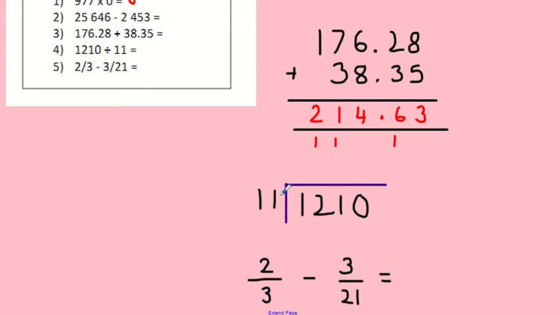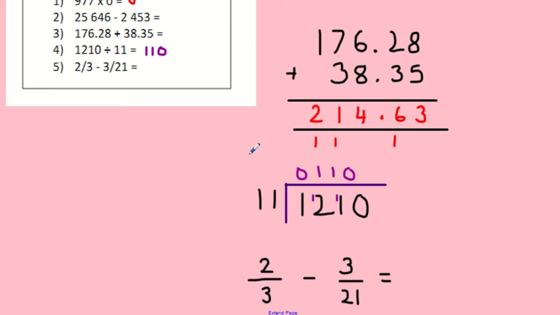Let's make a start. 11 into 1 doesn't go, so I put a 0 at the top and I carry the 1 over. 11 into 12 goes once with remainder 1. 11 into 11 goes once. 11 into 0 doesn't go. So my answer is 110.